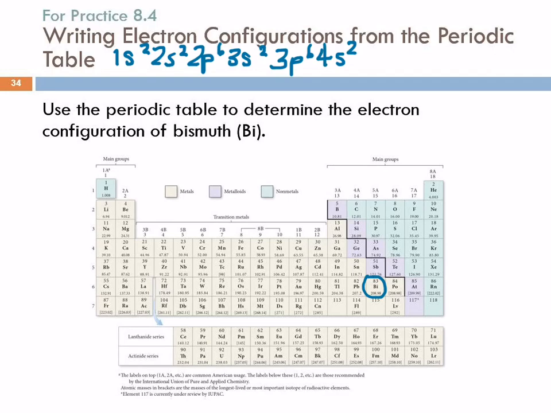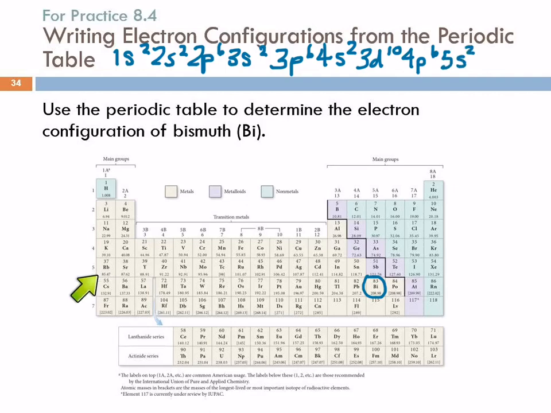What's next? Is it 4d? No, it's 3d, because that level's sunk down. 3d10. So that brings us up here to zinc. And this is 4p6. Then the next one is 5s2.